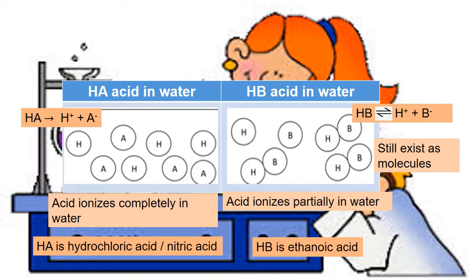HB acid in water in diagram 2.2. Acid ionizes partially in water to produce a low concentration of hydrogen ions. HB acid is a weak acid. The name for HB acid is ethanoic acid.